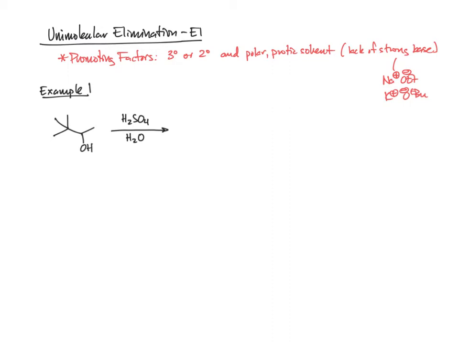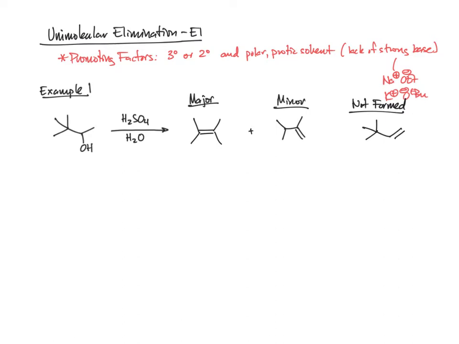And so we're going to end up with the following two products. This is going to be our major product. And then we're going to get a minor product. And we're going to say the following is not formed. And so we want to understand why that is as well.